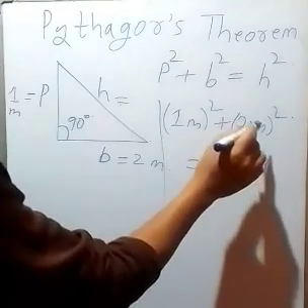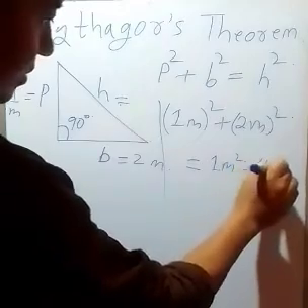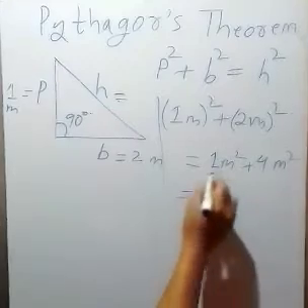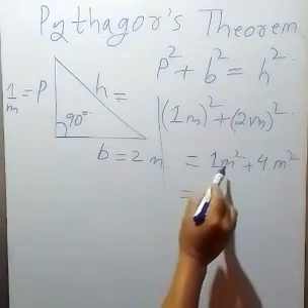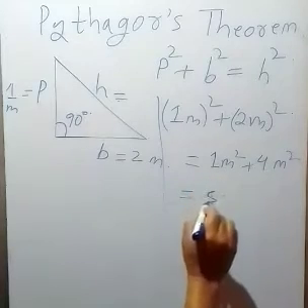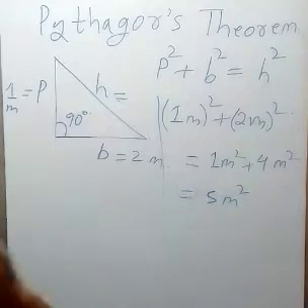Square of m is m square. Now add, this will be 1 meter square plus 4 meter square. So 1 plus 4 will be 5 meter square.